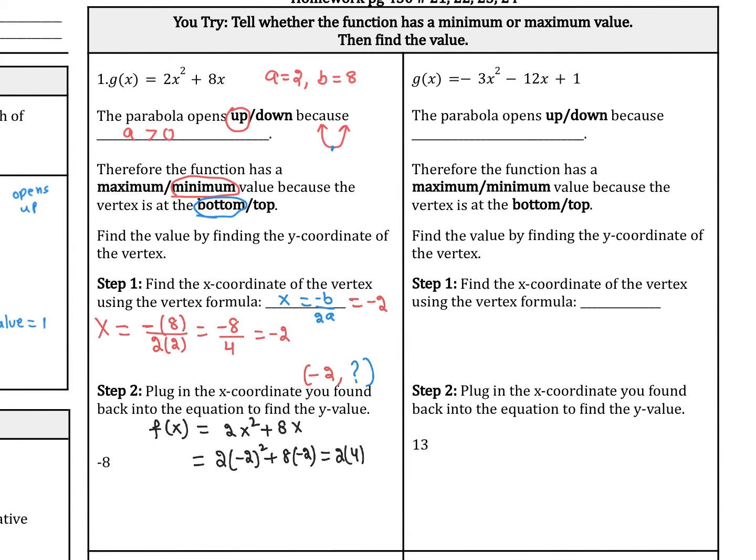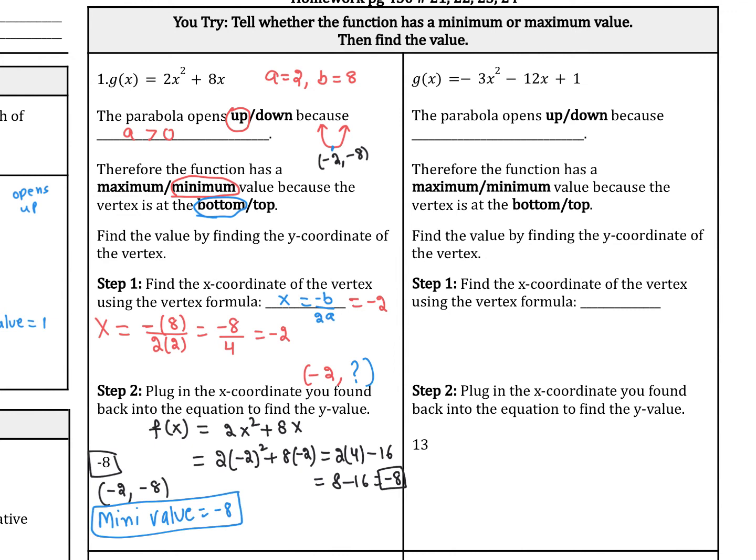You're going to find out the y value, and that is going to be negative 8. So the vertex is negative 2 comma negative 8. Therefore, the minimum value is negative 8.